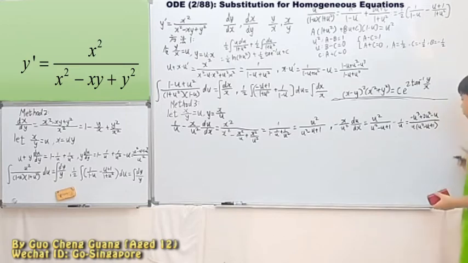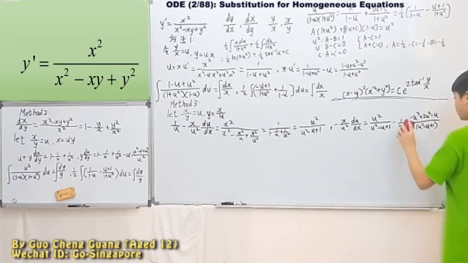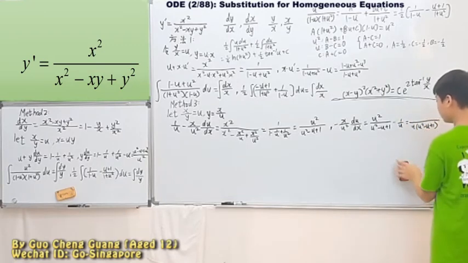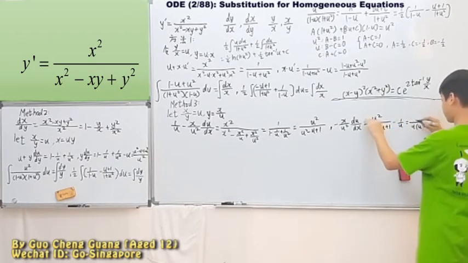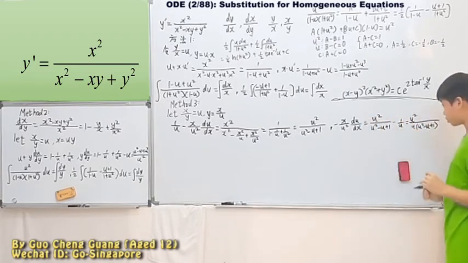Like this. But then what happens here? Wait. I put it wrongly, sorry. Wait, so this part times u. This part times u squared minus u plus 1.